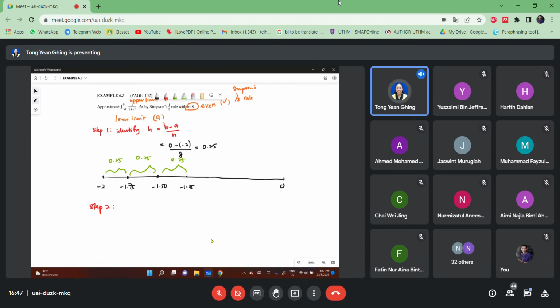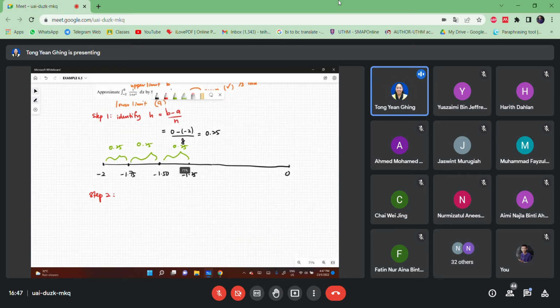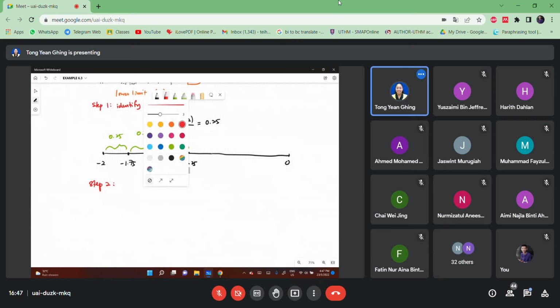If you are using the Casio fx-570MS, you cannot do the table using the calculator, so you have to draw the table yourself.